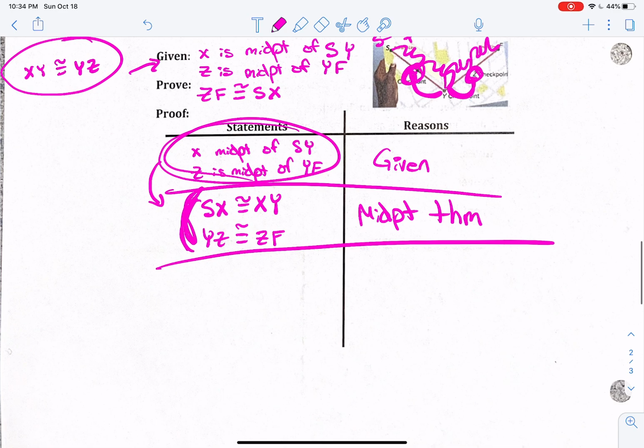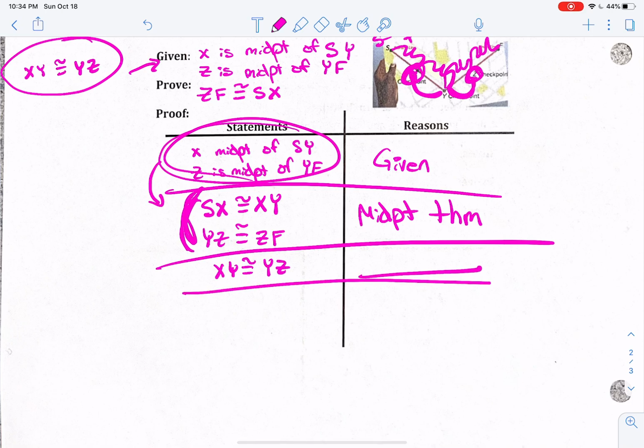Okay, so if XY is congruent to YZ, we've got to write that down here. And what can I put on this line? I can put given. Usually we list all of our given information as our first step, but you don't necessarily always have to, okay? So now we're starting with this information, and we're trying to see where this given information fits into play.